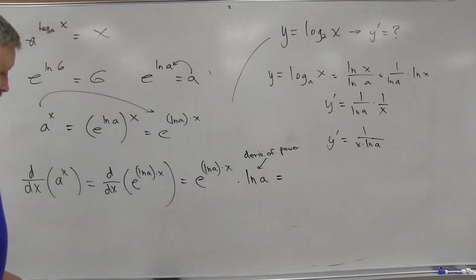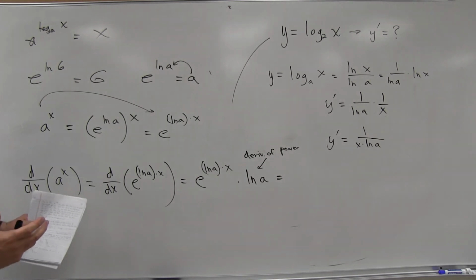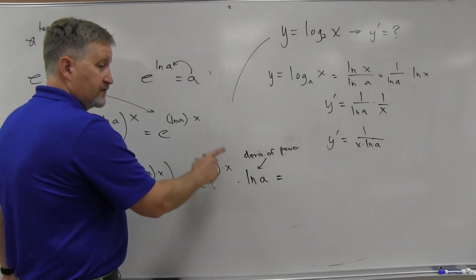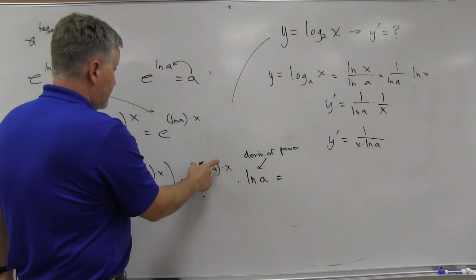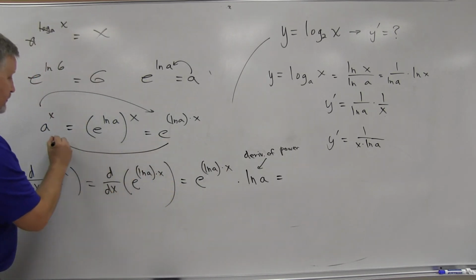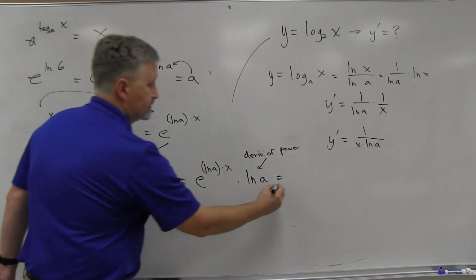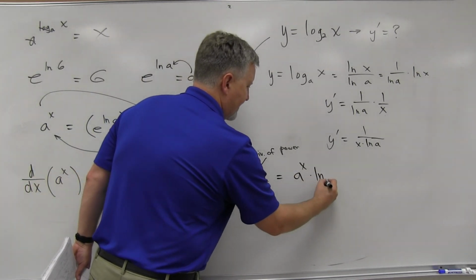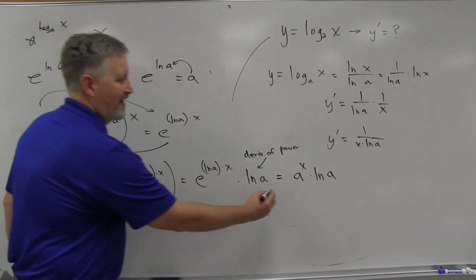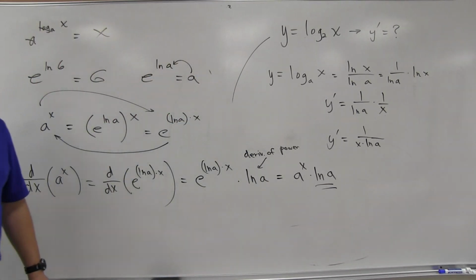Well, that's great, but let's get it to what I need here. Now reversing back, e to the ln of a times x, what does it equal? It's a to the x. Ta-da! It turns out that constant is just the natural log of the base.